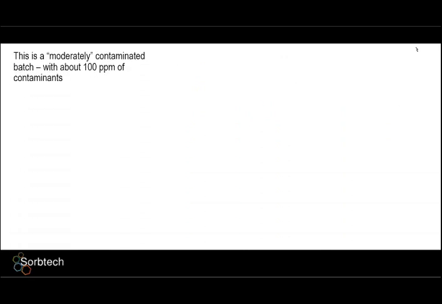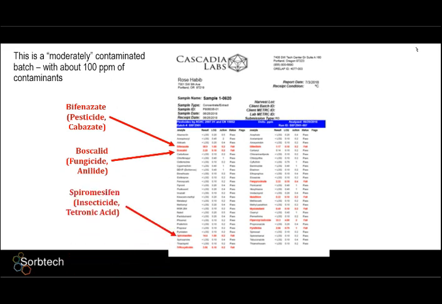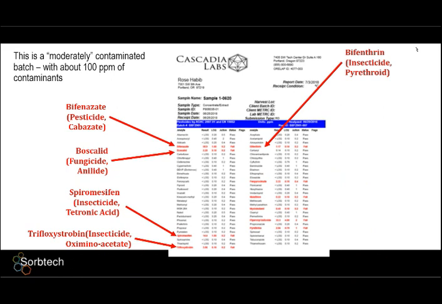Now, this is a moderately contaminated lot with about 100 ppm of total contaminants. These contaminants, which I've added so you can read them easier, were bifenazate, boscalid, spiromesifen, trifloxystrobin, and bifenthrin. Bifenthrin, by the way, is a very commonly, widely used insecticide.